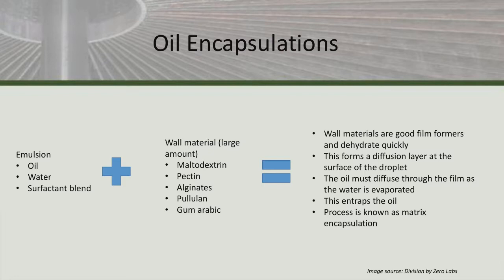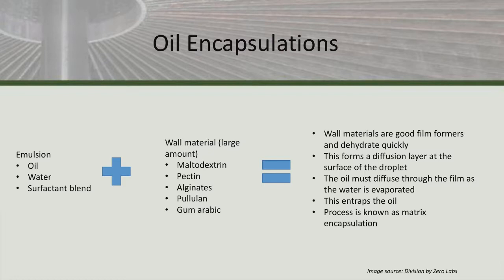So anyway, what you can do is you can entrap droplets of oil in a casing of some sort of solid water soluble powder. These are things like maltodextrins, pectins, alginates, gums, for example. And this creates a shell with a bunch of little droplets of oil inside. And the basic step is to create an emulsion first and then mix it with these wall materials.